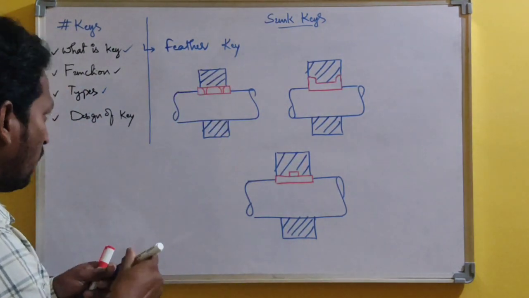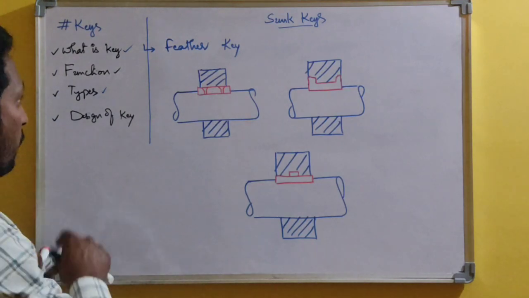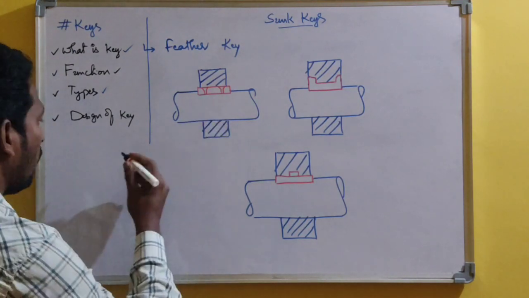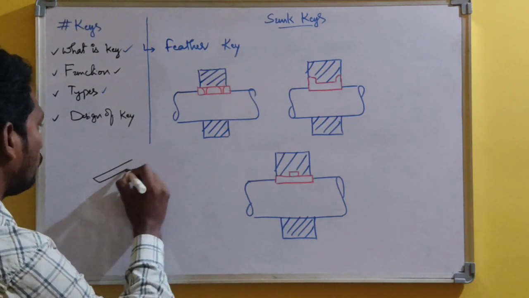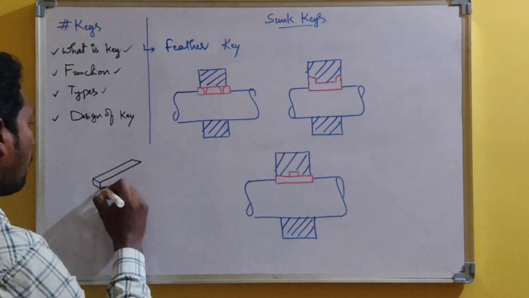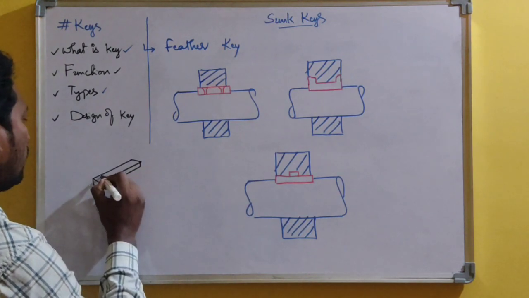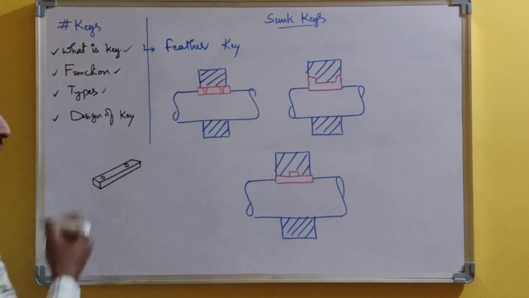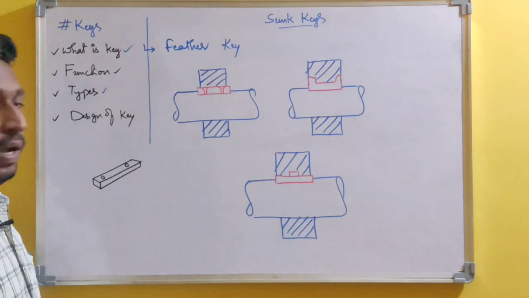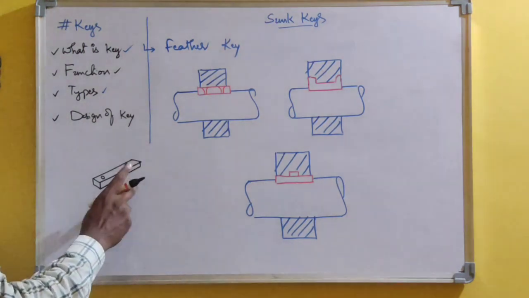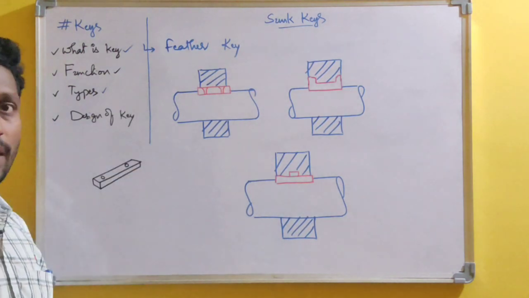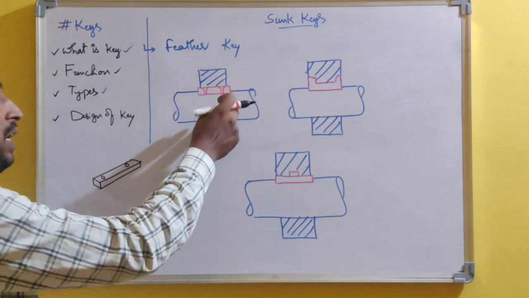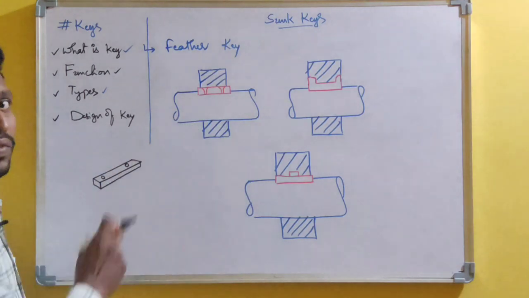See, in the first case, I will show that clearly with the 3D diagram. The key is like this. Additionally, this key has two holes here. Here the countersunk holes are made for this key to keep the screws to make a joint permanently with this shaft.